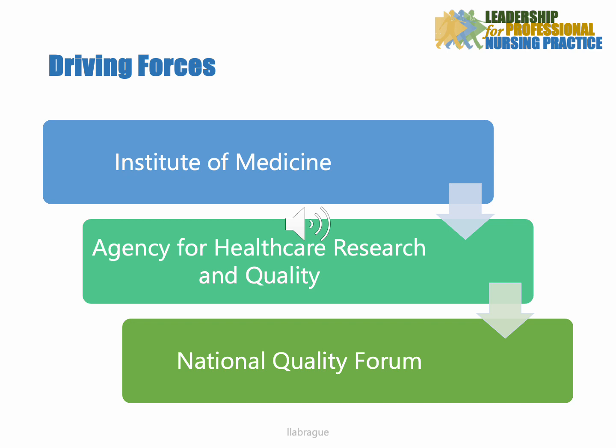Aside from the Institute of Medicine, which released the report regarding the number of deaths attributed to patient safety, there are also other organizations that are leading the way in improving patient safety in many hospitals. We have the Agency for Healthcare Research and Quality, and the National Quality Forum.